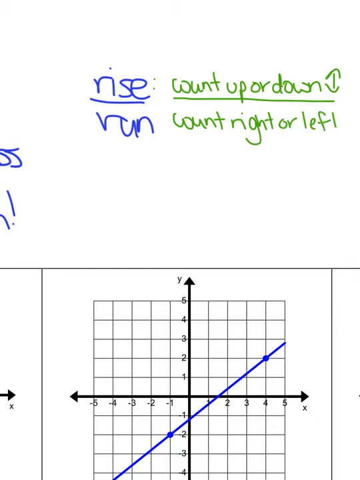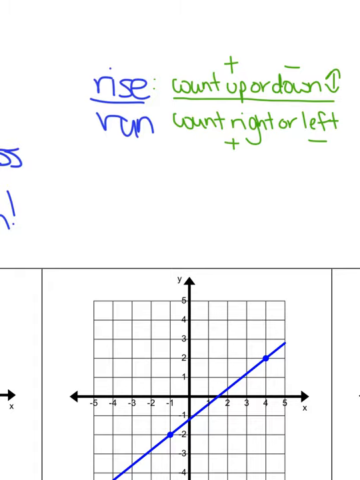Which is a little bit different when we talk about points, right? Points is x comma y. So we're on the x-axis, then we're on the y-axis. Slope is different than when you think about points. So we've got to make sure that we're clear on the coordinate plane and how to plot a point and what those points represent, and then how to do rise over run. So rise, when we count up, we're going in the positive direction. When we count down, we're going in the negative direction. When we count to the right, we're counting in the positive direction. When we count to the left, we're counting in the negative direction.